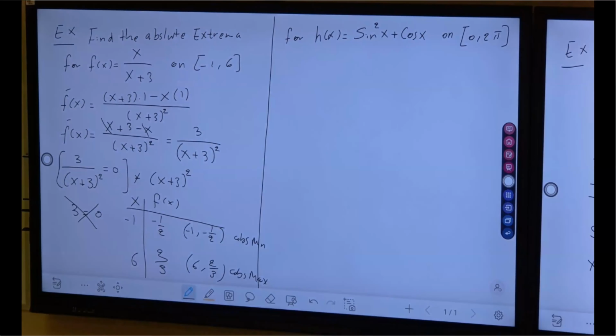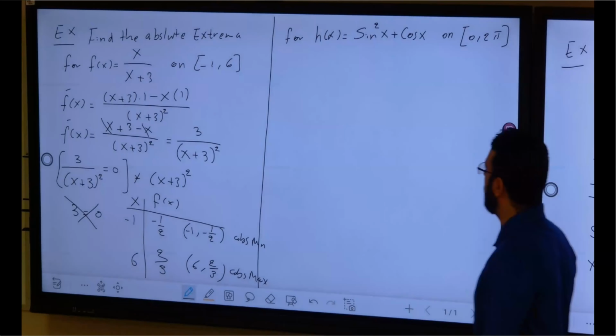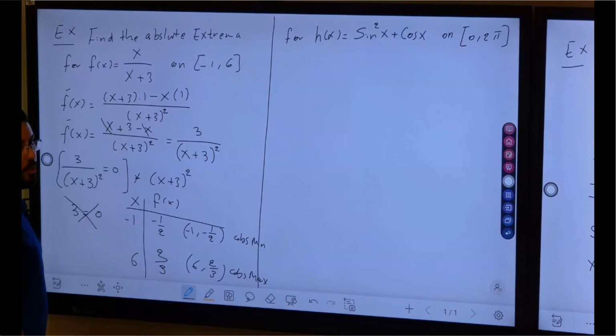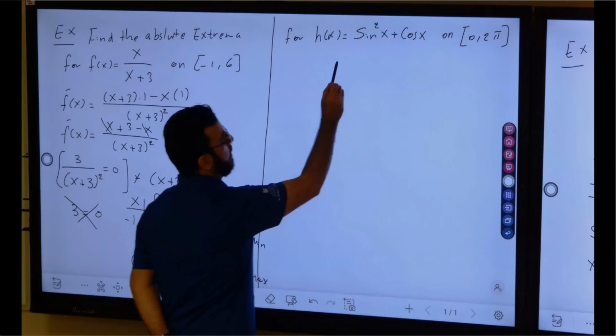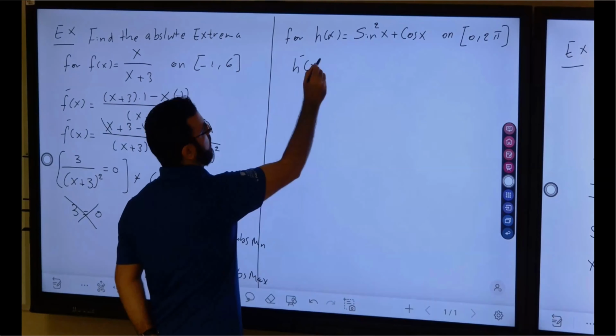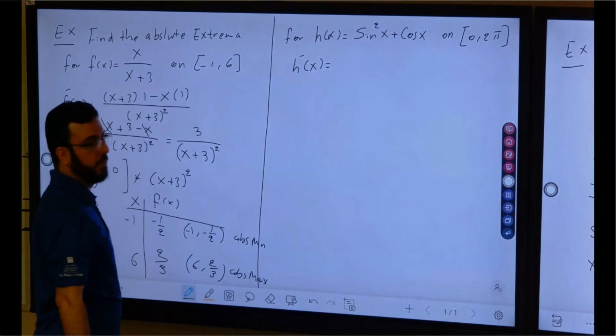Okay, so far. Let's do the other one. Two more questions. What about this one? We need to find the extrema on this interval. So h prime of x equals. Go ahead, who's going to tell me the derivative?